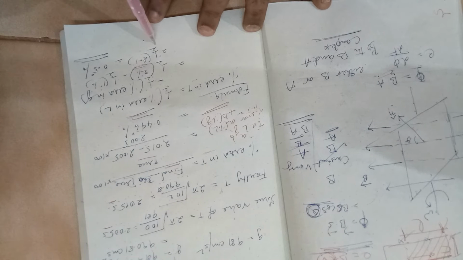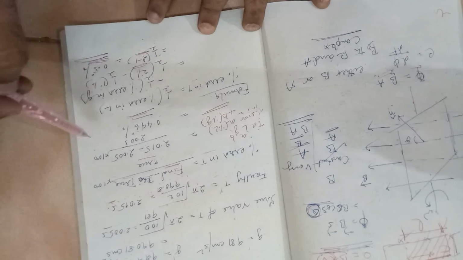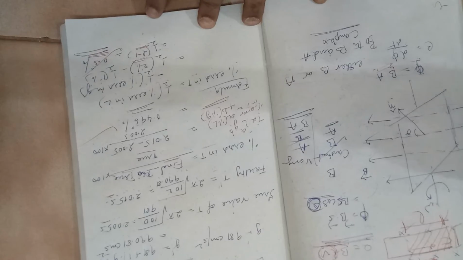So you take half common, half into 2 minus 1, that is equal to 0.5%. You can see both the values are almost matching.